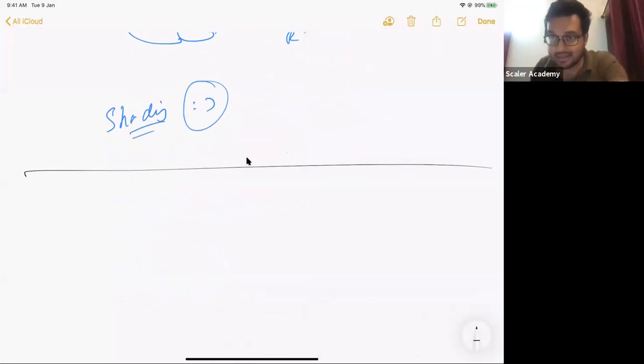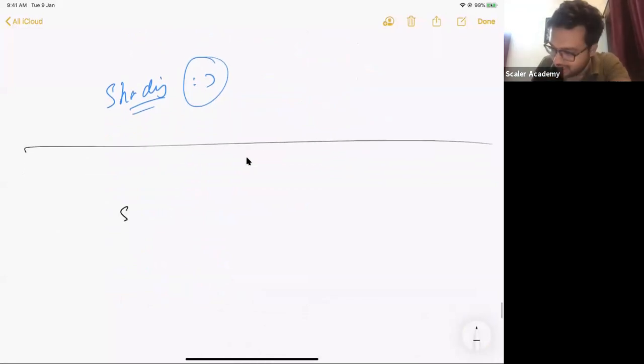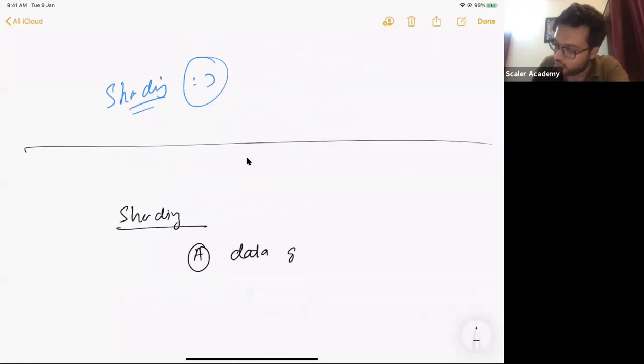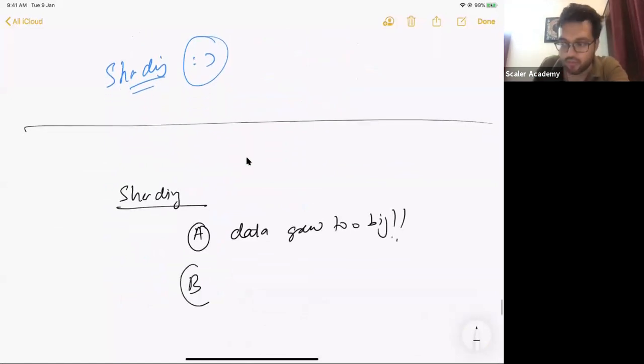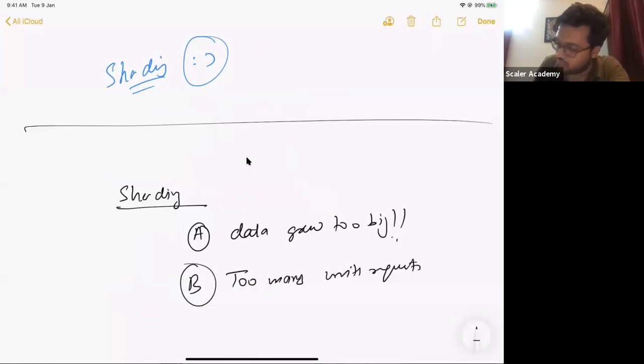The key point is, why do we do sharding? Irrespective of whether it's a SQL DB or a NoSQL DB, we do sharding for two primary reasons. One, your data grew too big. The second reason why you would want to shard is that you would have too many write requests.